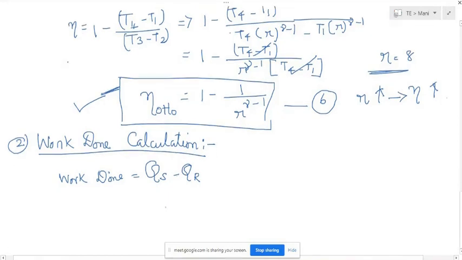Actually, we discussed two various types of work done. One is work done on the system, another one is work done by the system, right? Work done on the system takes place during the compression process. Because of compression, we definitely need to apply some amount of external energy, so we call it work done on.